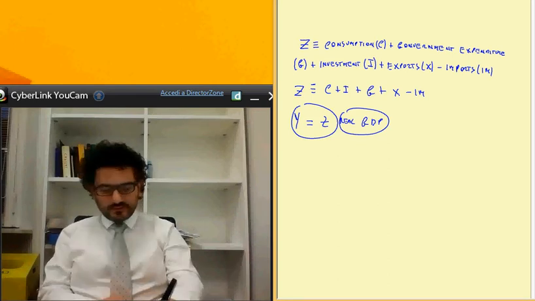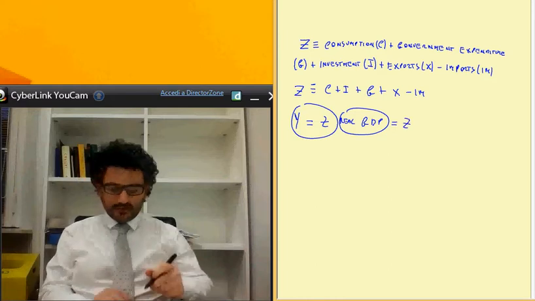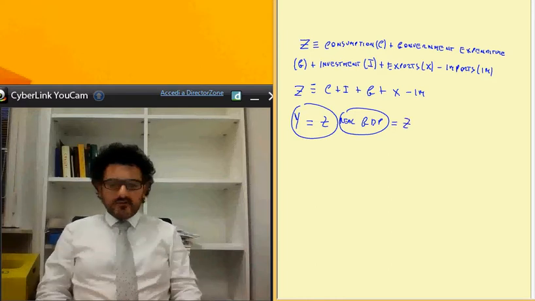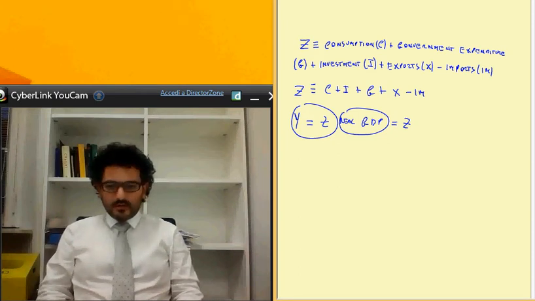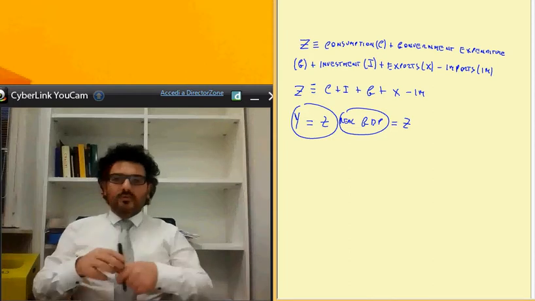So the real GDP in equilibrium must be equal to the aggregate demand Z. So if we have the level of consumption, government expenditure, investment, exports and imports, we can derive the value of the equilibrium output.